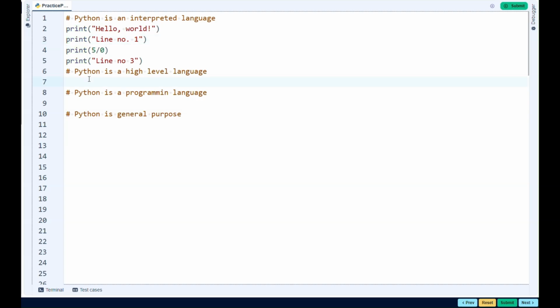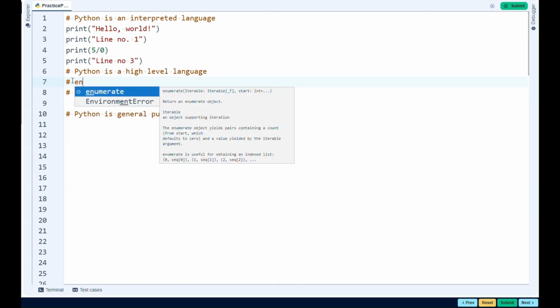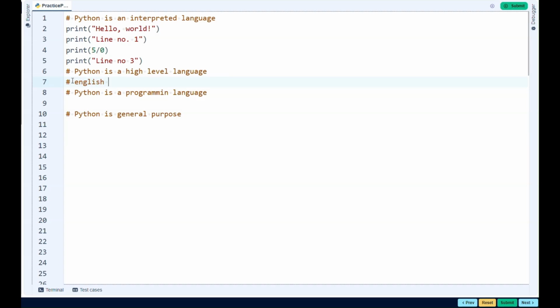Here, because it is a high-level language, its language is similar to human language: English-like statements. That is not tough and is easily understandable. For this reason, it is called a high-level language.